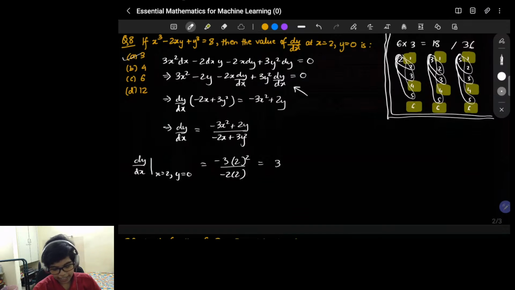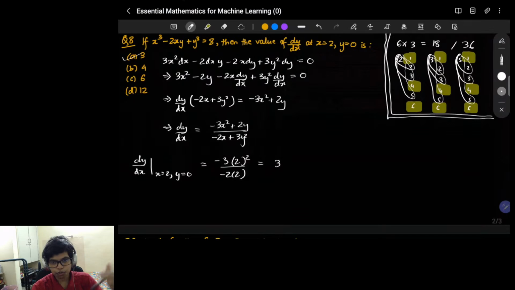Okay, yeah, that can be done. But typically, you would want to first find out the expression for dy by dx or any differential that you want. You would not just want to put values right in the beginning. For example, if you put value right in the given function over here, then that would be meaningless because then it will all be constants. So you should rather not put values in the beginning.